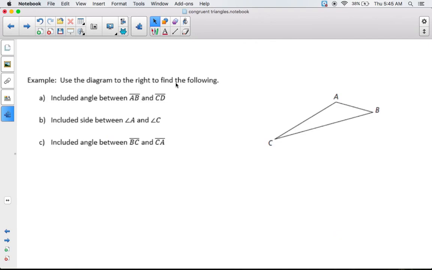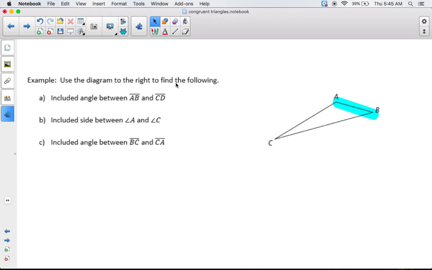Now, we got to talk about included angles and included sides. Included means in between either two sides or two angles. If you look at A, it says what angle is in between AB and CD. Well, let's look at this. AB is right here.